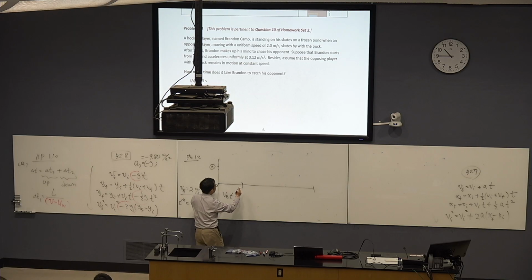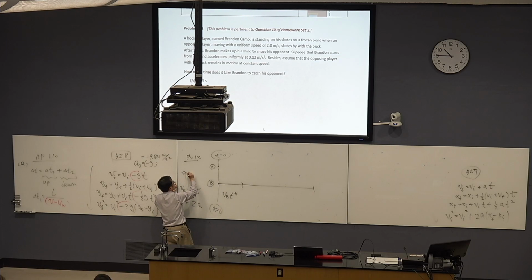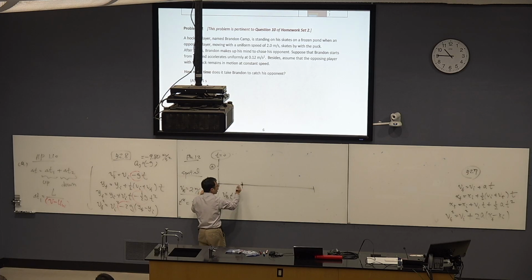Let's call this t equals 0. At t equals 0, Brendan was located here, but his opponent was at a different location, here, at the same t equals 0. Their two watches are synchronized.